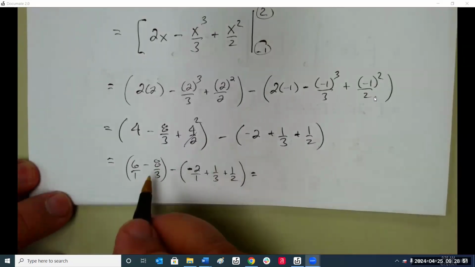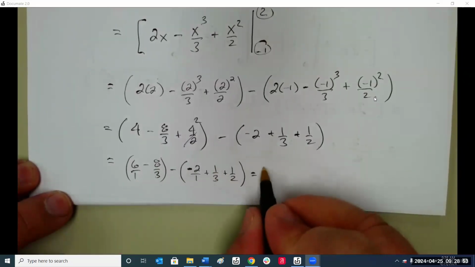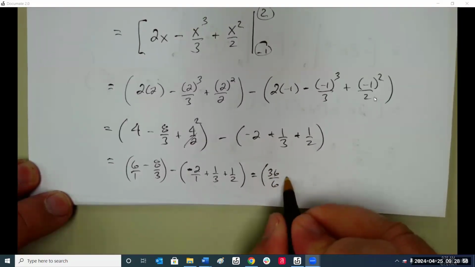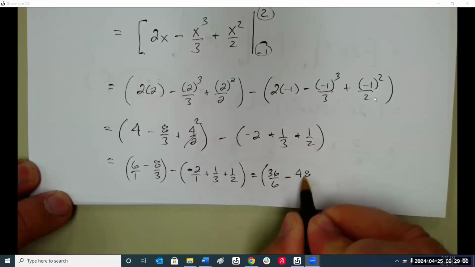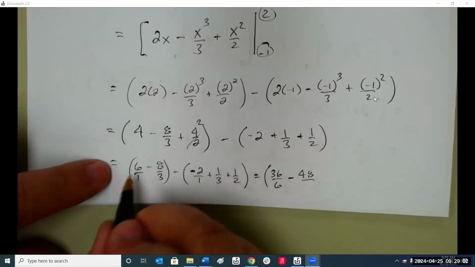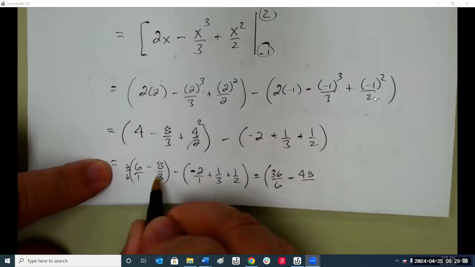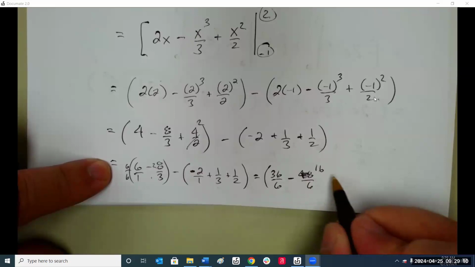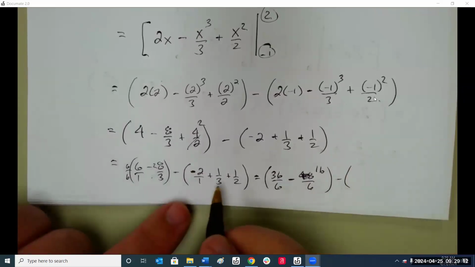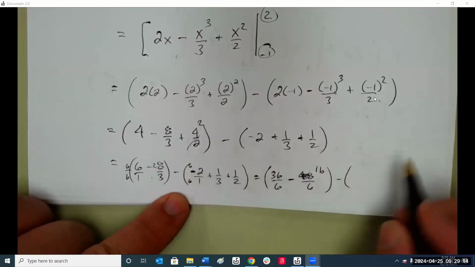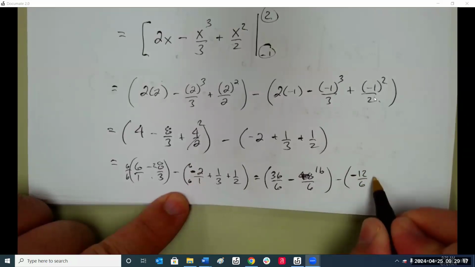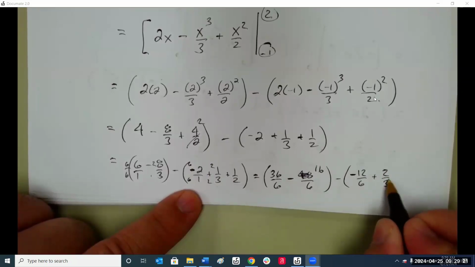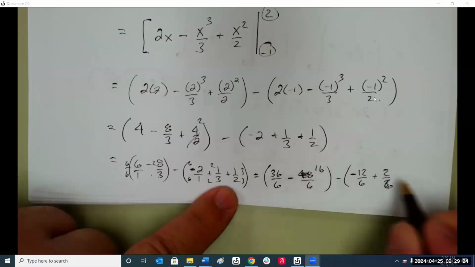It's going to be 6, so I multiply everybody by 6 over 6. This one is 2 over 2, so it's 16 over 6. This one is 6 over 6, so it's negative 12 over 6. This one is 2/2. And this is 3/3.